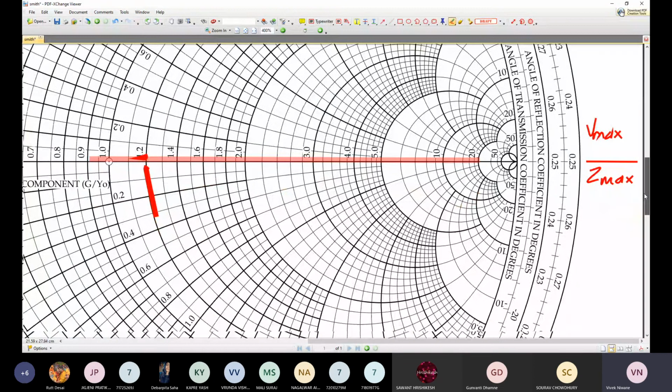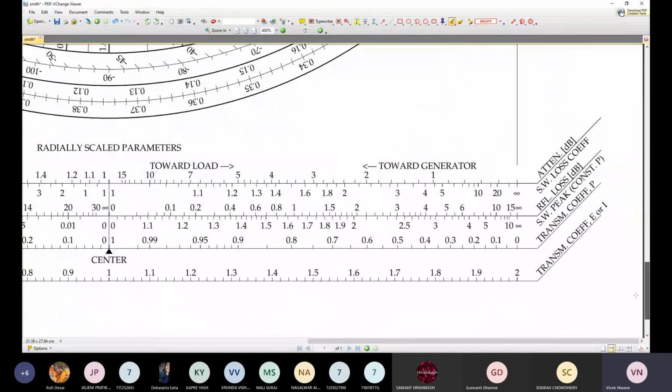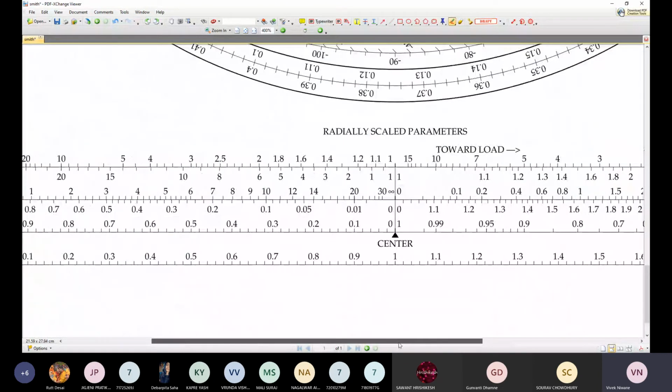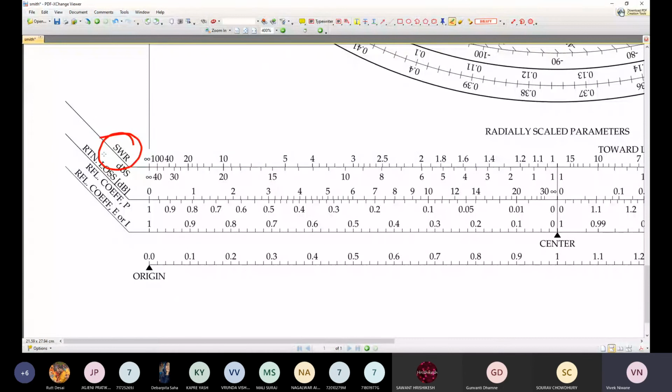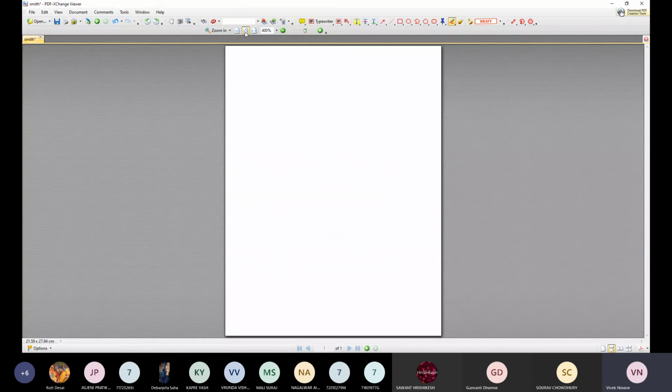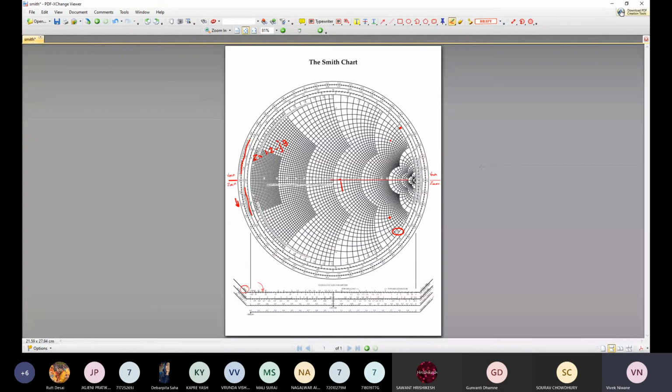In some cases we are going to use this SWR scale to calculate what the amount of SWR is, and the first scale indicated over here will be used to get the direct final answer for SWR. How to use, how to see, how to solve, how to calculate, we will see everything together in the next session.